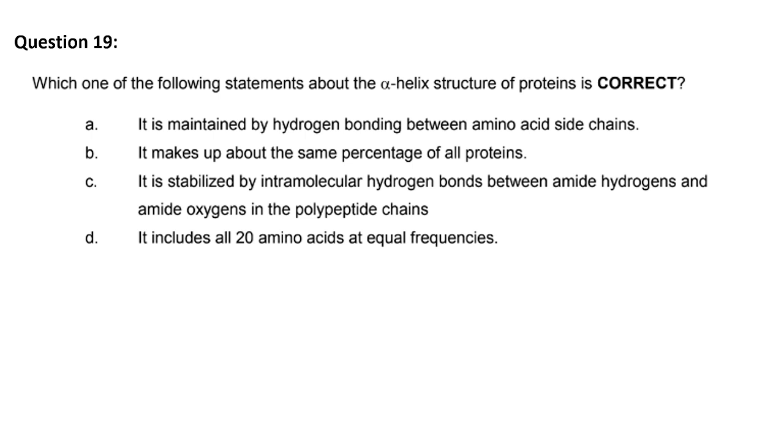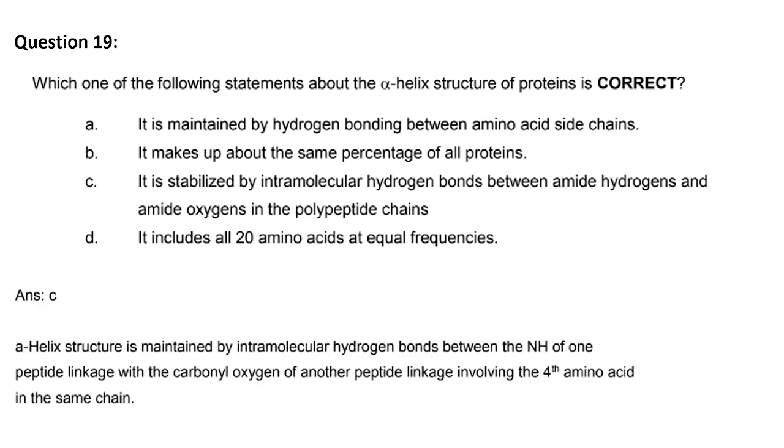It includes all 20 amino acids at equal frequencies. So option C is correct. Alpha helix structure is maintained by intramolecular hydrogen bonding between NH of one peptide linkage with carbonyl oxygen of another peptide linkage involving the fourth amino acid in the same chain. Okay.